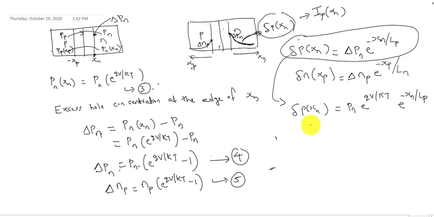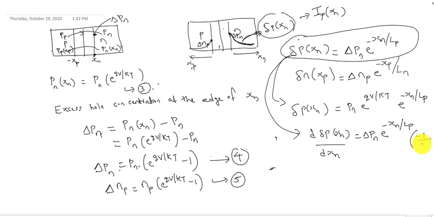Taking the derivative of this equation, d del P of Xn by dxn, this value will become delta Pn e raised to minus Xn by Lp into the inner derivative, that is minus 1 by Lp. So that is the value for the derivative of del P of Xn.